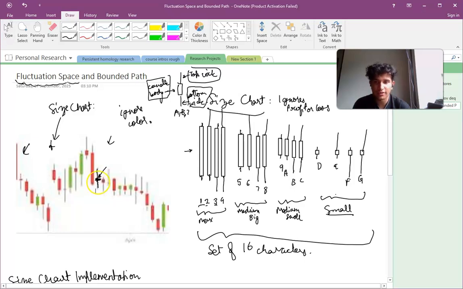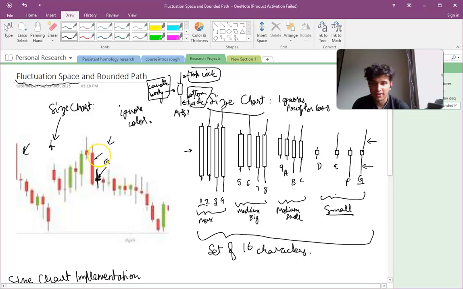It has a really huge bottom wick and a really huge top wick. We look over here; since these are the big ones, we don't consider them. This is also big, this is also big, and these are the small ones, hence we're in the small category. Among the small category, we look at what has a big top wick and a big bottom wick, and that is G. And so we assign this one with G.